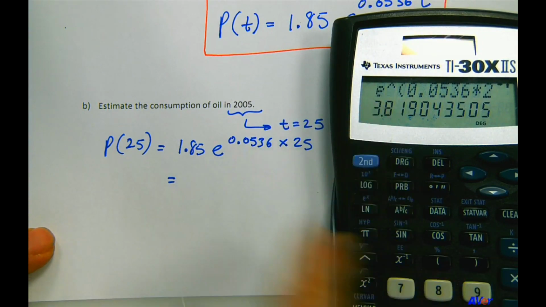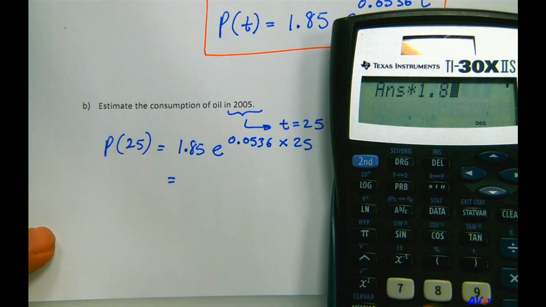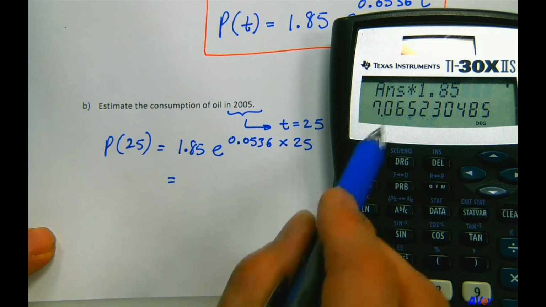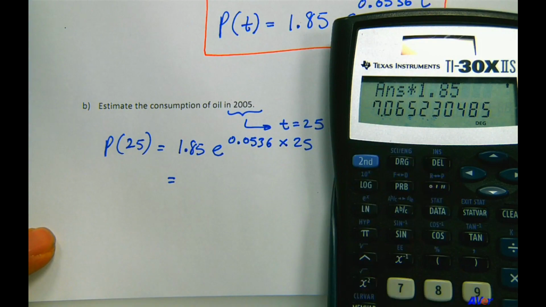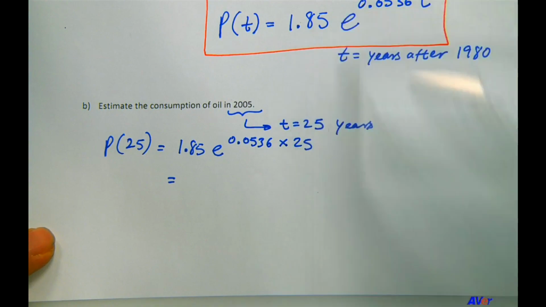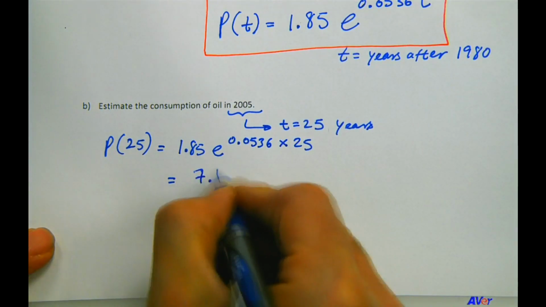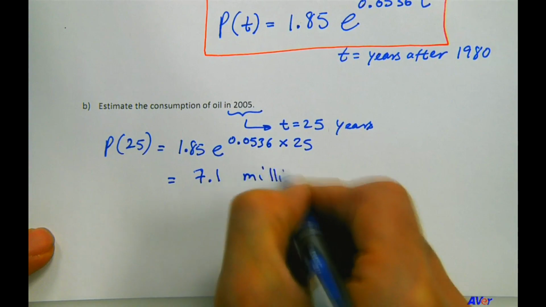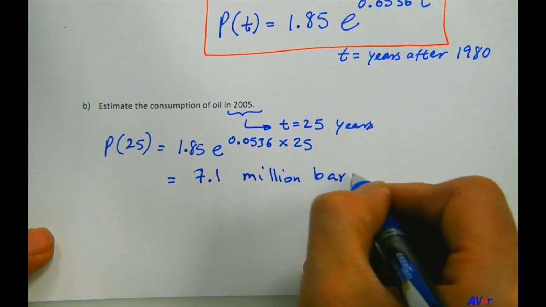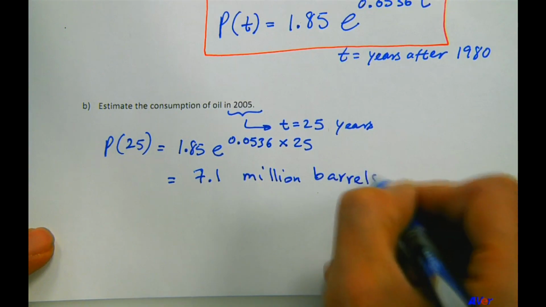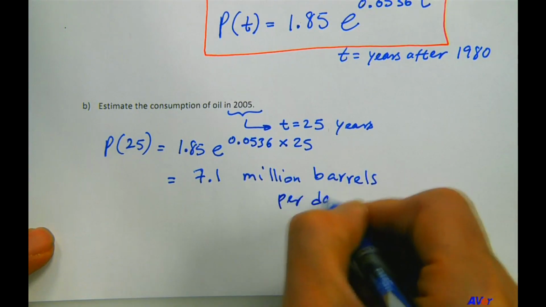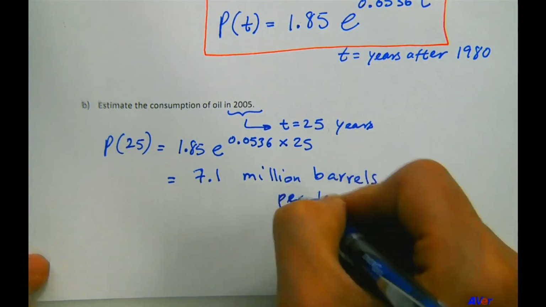It's ready for me to multiply by 1.85, right? Times 1.85, and let's round that to 7.1 million barrels per day.